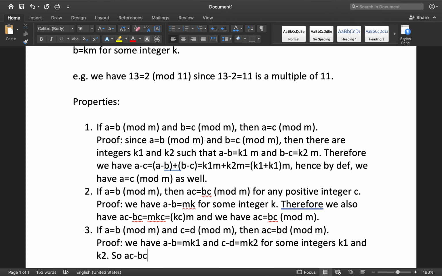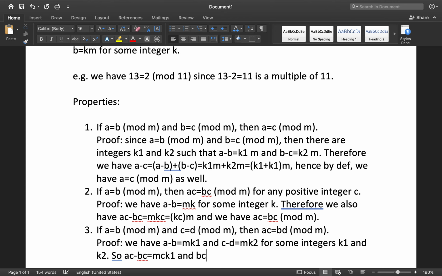So you have AC minus BC. Now this is just equal to MCK1. And of course, you have an extra term BC, so for the next equation, you use this equation and multiply it by B. Then you will have an extra BC.